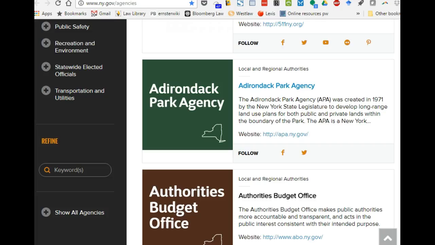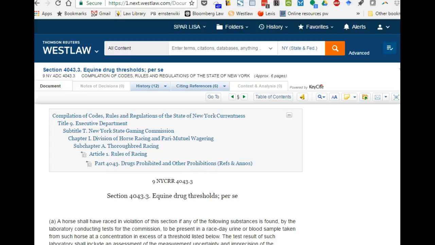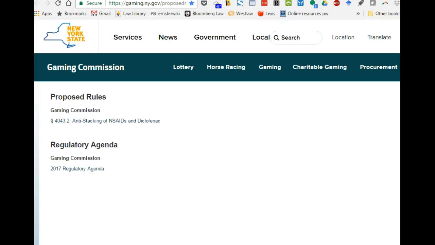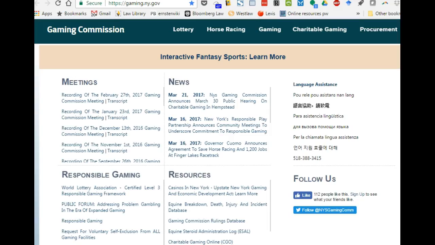So, in finding the Gaming Commission, again, Google is fine, or navigating through the state website. Here's the Gaming Commission, so I might look up horse racing, and what these state as well as federal agency websites will tell you is what's going on today.